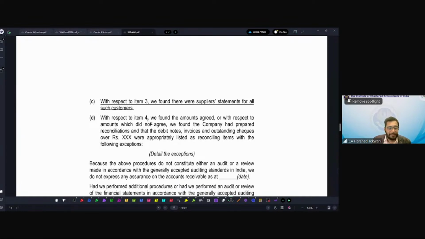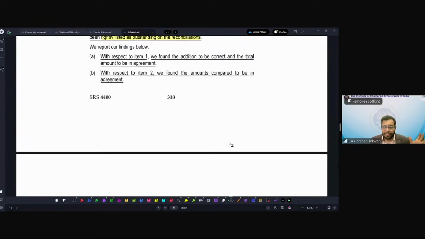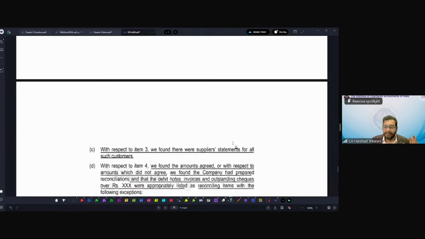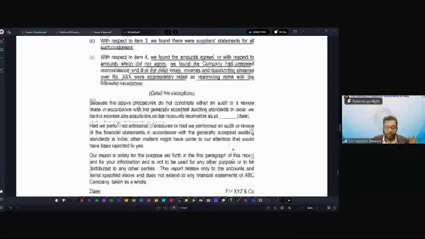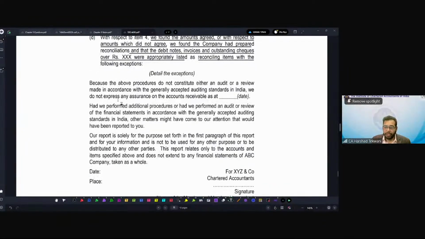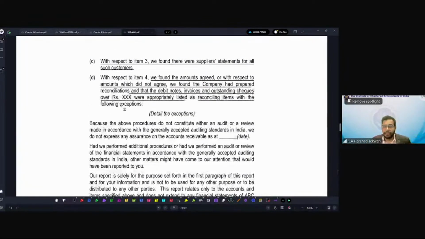With respect to item number 4, we found the amount agreed with respect to items which did not agree. We found the company had prepared reconciliations and that debit notes, invoices, outstanding checks were appropriately listed as reconciling items. So everywhere we are saying, whatever procedures we have performed, this is the outcome. And we are saying that the data was given by the company.